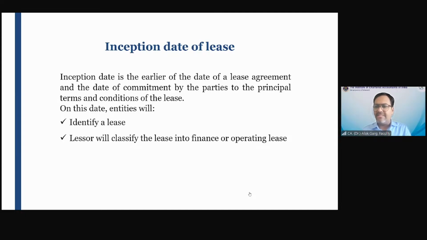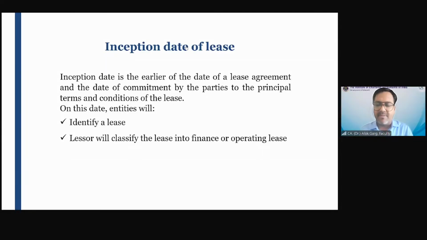Or anyone else except Anushi, anyone else? What is the inception date and what is the commencement date? Saminathan has responded on the chat box that 15th March is the inception date and 15th May is the commencement date. Perfect. Yes, as explained by Anushi.